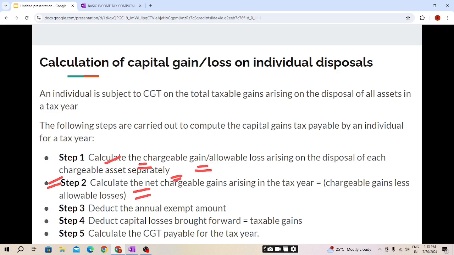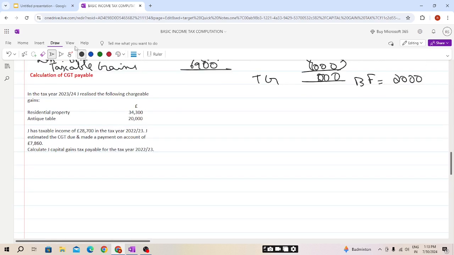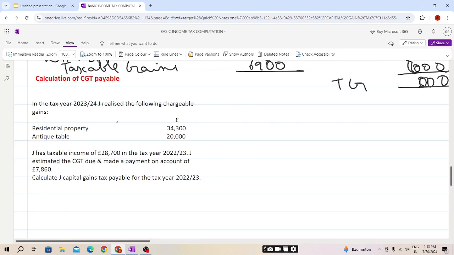Then any trade loss set off relief has been claimed, less AEA, less brought forward loss. We have done this, and for brought forward loss, partial claim is allowed. Then we will arrive at our taxable gain. The step number 5 is calculate the CGT payable for the tax year. Now we need to see the CGT calculation, students.